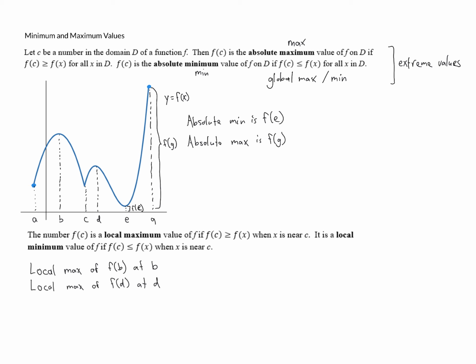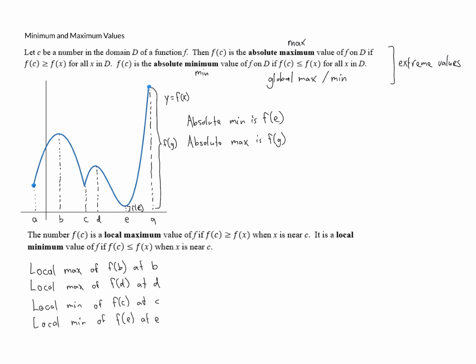At c, we have a local minimum. And also at e, it is the absolute minimum, but we could also refer to it as a local minimum if we want. So we have a local min of f of c at c and a local min of f of e at e.